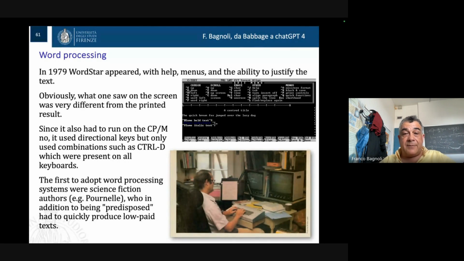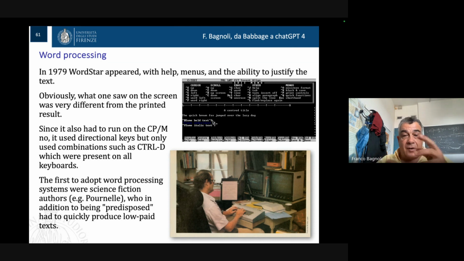Control text means, you remember the ASCII system, you had this first part, Control A, Control B, Control C, and so on, which were essentially characters used for communicating with printers or with modems. Another use of the same characters was to encode, for instance, a movement of the cursor, because you did not have the arrows in the keyboard, and also for formatting text.